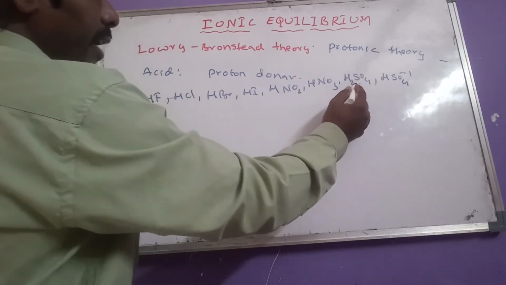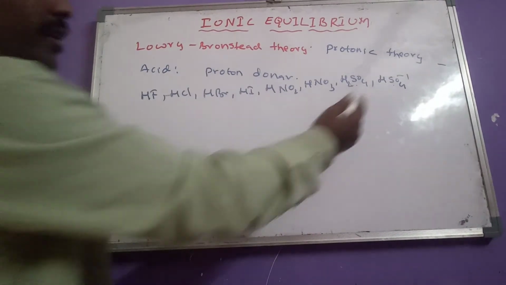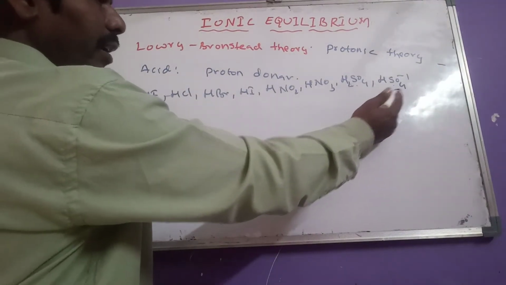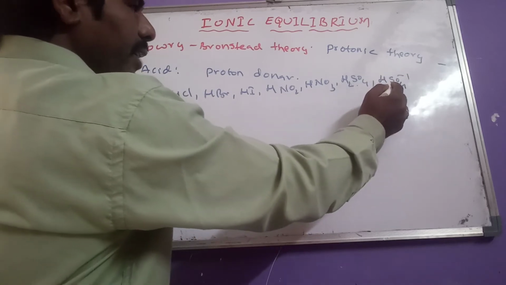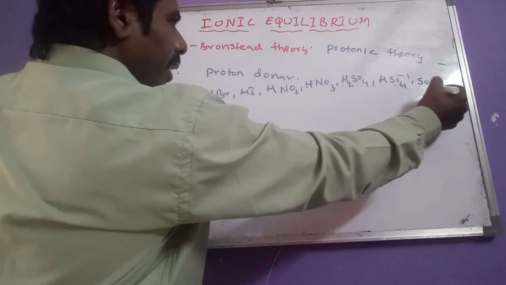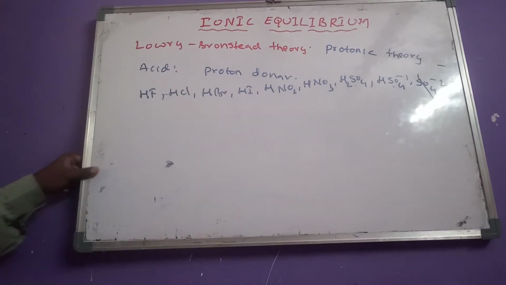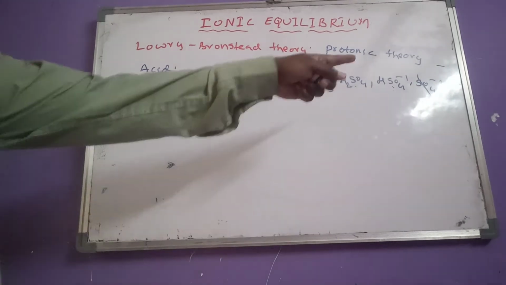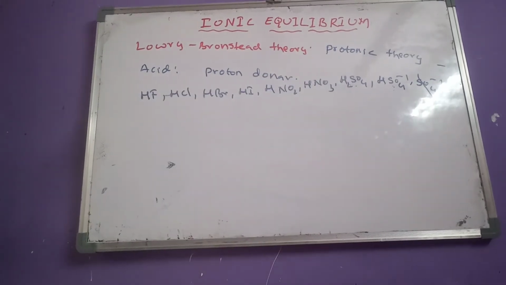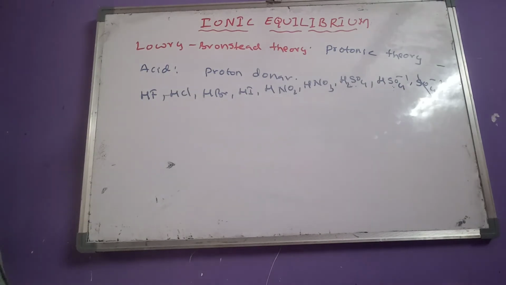As it is a dibasic acid, one more H plus can be removed from this bisulfate ion, so this also can act as an acid. But after removal of H plus, we get SO4 minus 2, which cannot act as an acid because no H plus is present. It can't donate a further proton.